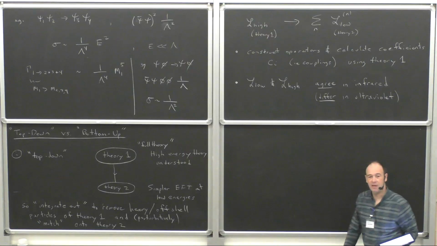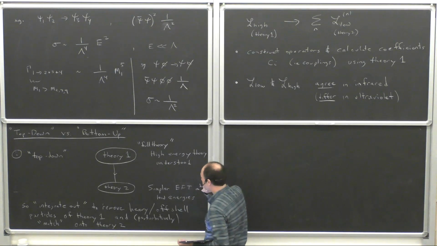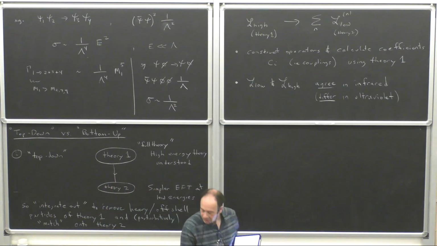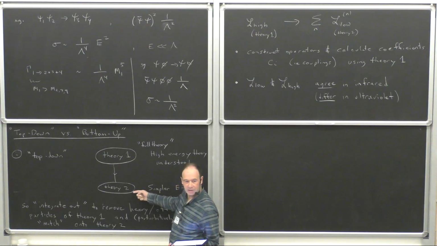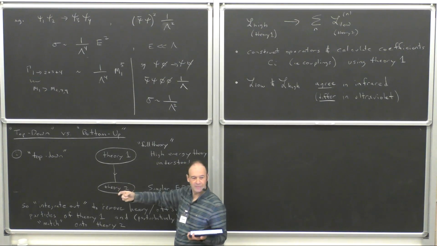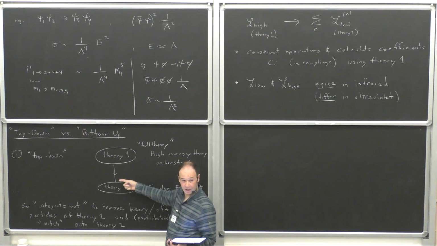Okay, so that's top-down effective field theory. What's bottom-up? Oh, maybe there's one more comment that I should make here. What exactly theory 2 is depends on the problem you're trying to solve. We saw a bunch of examples, the different effective Lagrangians. So the path arrow here depends on what kind of problem you're trying to solve.